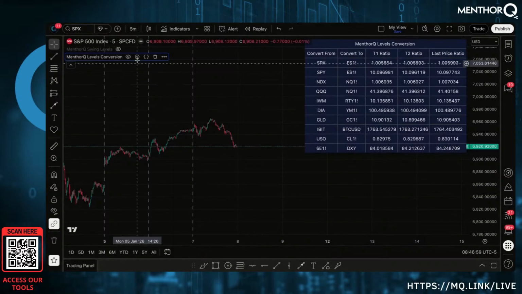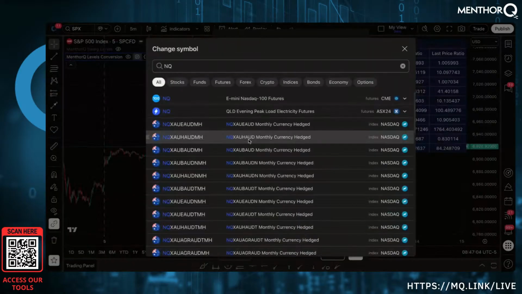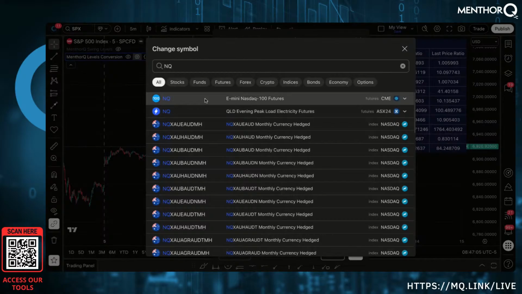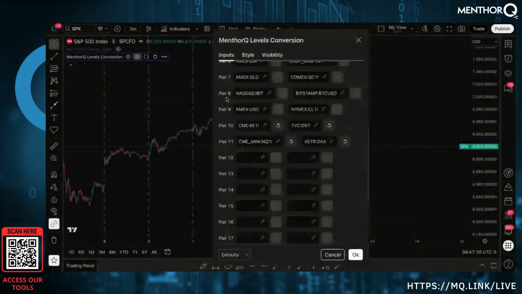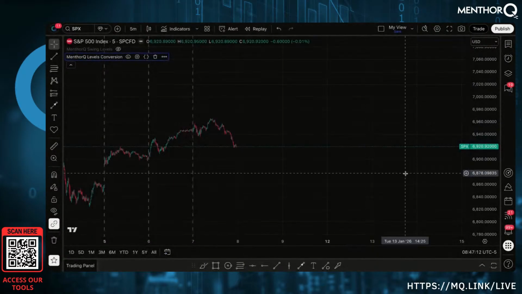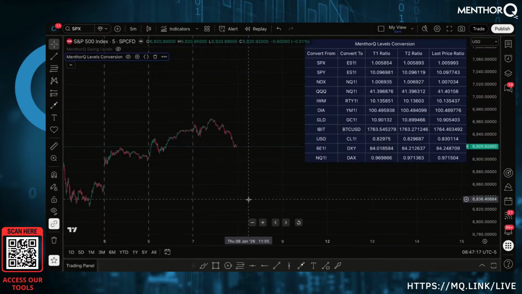Or NQ to DAX, same thing. That's the ratio there. Perfect.